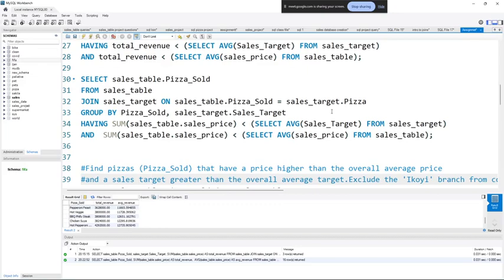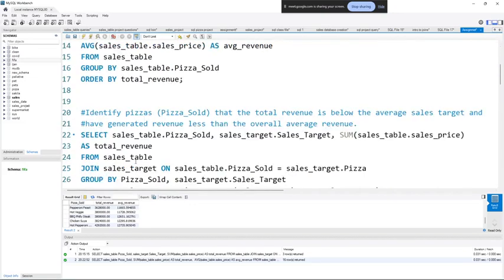I'm selecting, because they said identify the pizzas, right? The question is, identify the pizzas that the total revenue is below the average sales target.